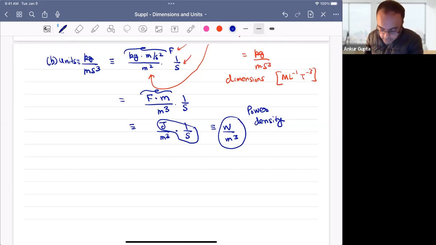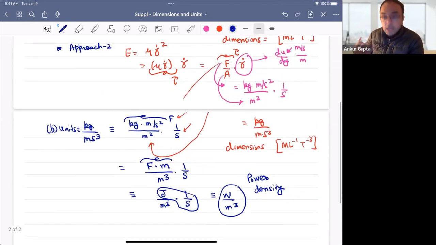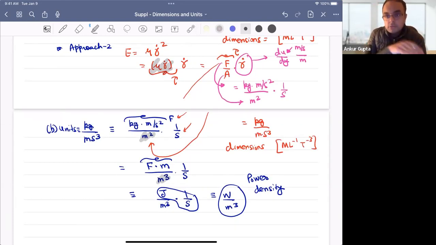So how did we do this? We did this by saying tau is mu gamma dot. That was the whole idea here. Then from there, we went from force to energy or joules. That's why this meter square became meter cube, because I multiplied and divided by m. So I converted that force to energy, and then I used the 1 by second from the gamma dot to convert from joules to watt.